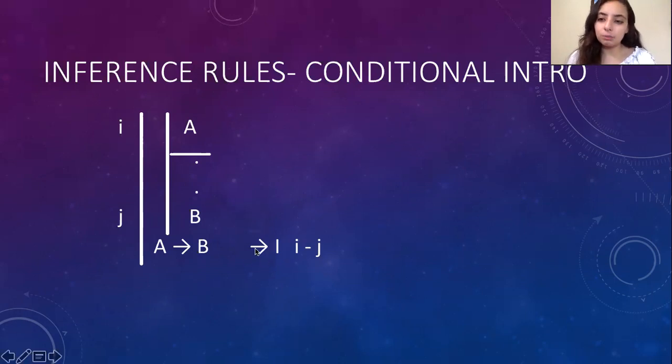And so I can easily combine A and B, and the way to cite that is a little bit different. Again, it's the same as before: you always put the connective at the beginning, and then introduction or elimination. In our case, it's introduction. And so it's not I comma J, it's I through J. And why is that? Again, because it took some steps for you to get to J, right?